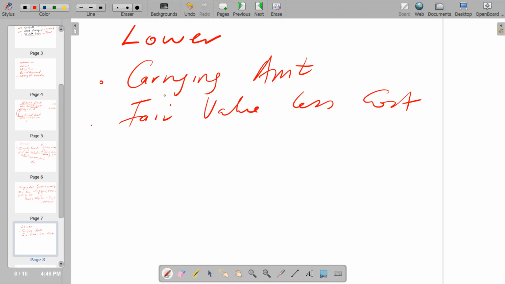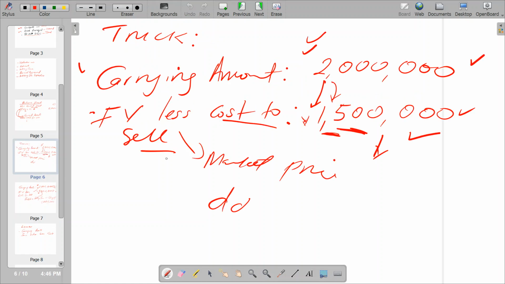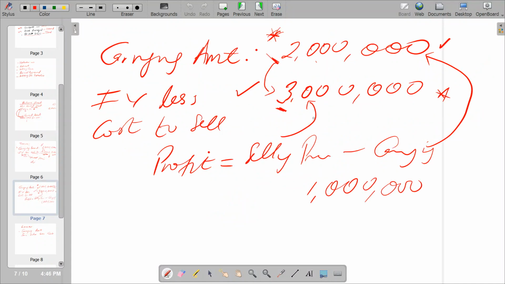In the first example, you can see that the fair value is lower, and so that's why we picked it. In the second case, we realize that the carrying amount is lower, so that is why we picked it. That's how we go about it.